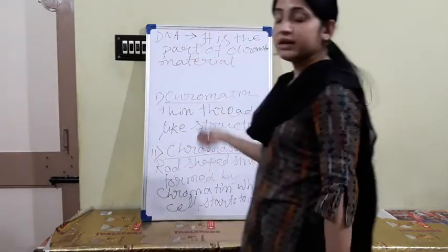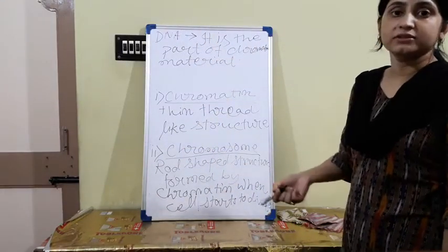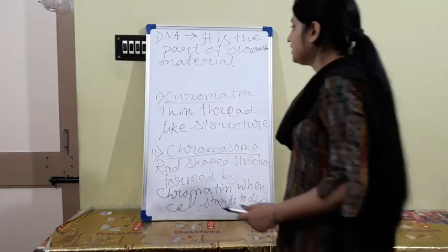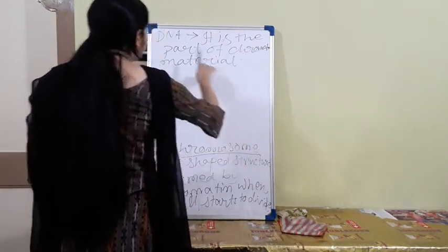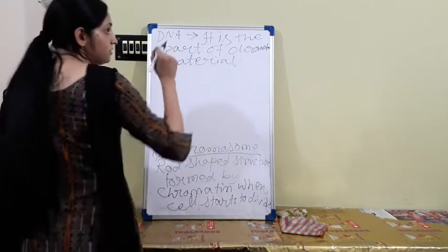You know the full form of DNA: deoxyribonucleic acid. It is the part of the chromatin material, the thread-like structure.